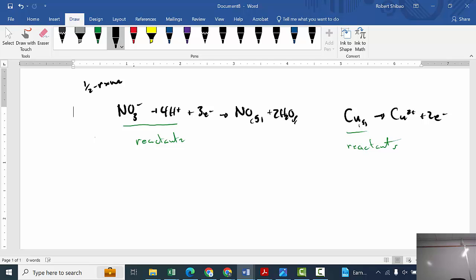So x must be +5. So we have nitrogen in the +5. It gains 3 electrons, and then it's going to drop to, what's the oxidation state here? +2. So we're going from +5 to +2 by gaining 3 electrons. So what we call this nitrate, we call it an oxidizer. Oxidizers take electrons.